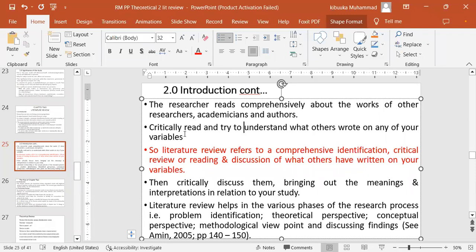Then we said, critically read and try to understand what others have written on any of your study variables or concepts. Then if you have done that, we say, you have read. During this process of critical reading, if you have a highlighter, a pen or a pencil, you can keep on underlining or highlighting the key points identified in that document.